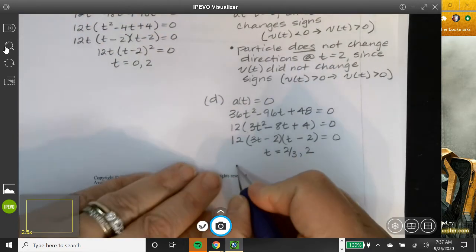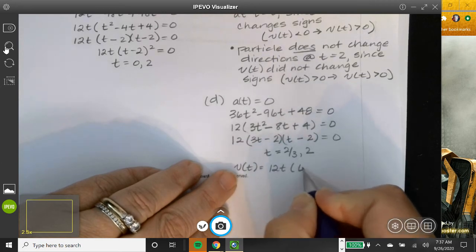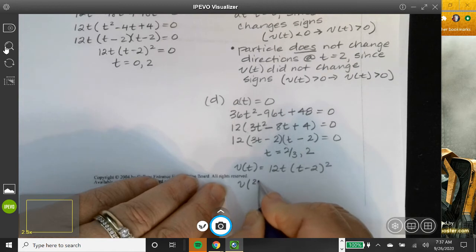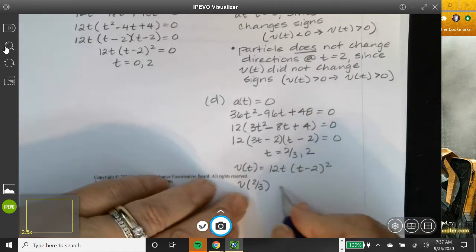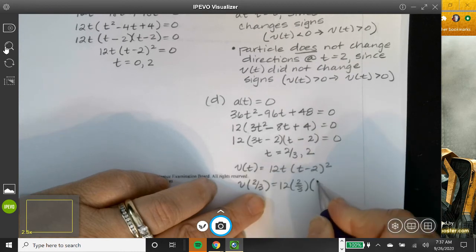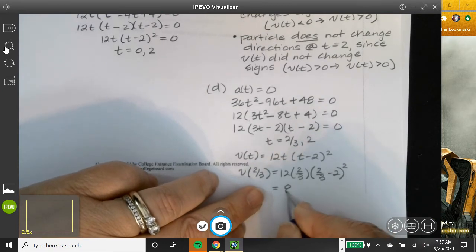So I know the velocity is equal to 12t times (t minus 2) quantity squared. And then I need v of 2/3, which is equal to 12 times 2/3 times (2/3 minus 2) quantity squared. And this is 24/3, which is 8.